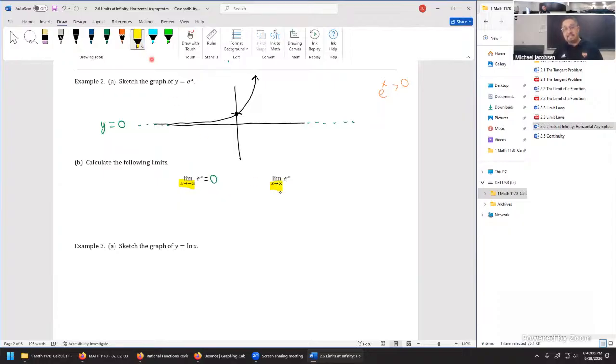But notice that limit is different. X is tending towards positive infinity means we're looking at this end of the graph. It's very different because although there's a horizontal asymptote, that asymptote is only relevant if you're heading towards the left-hand side. If you go towards the right, this one's growing without bound.